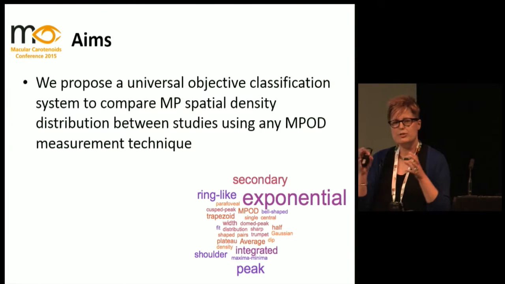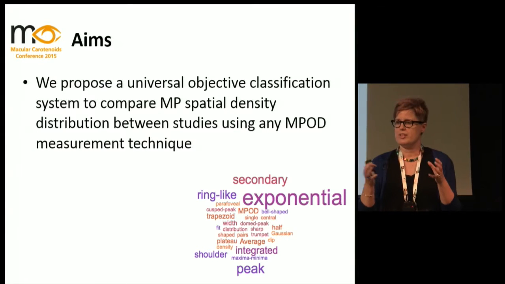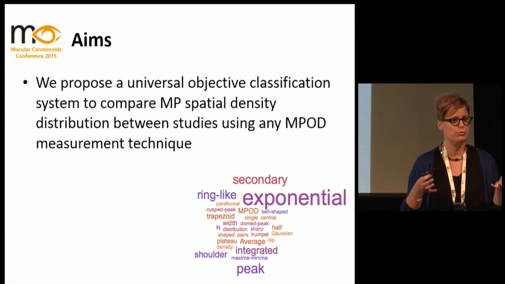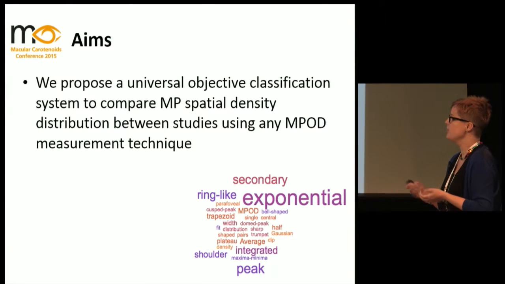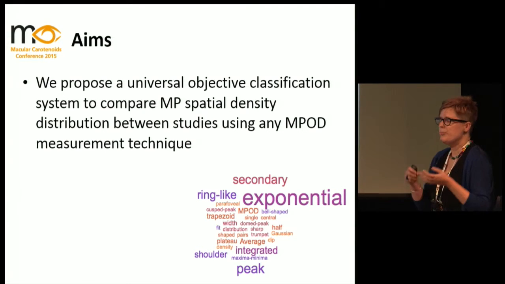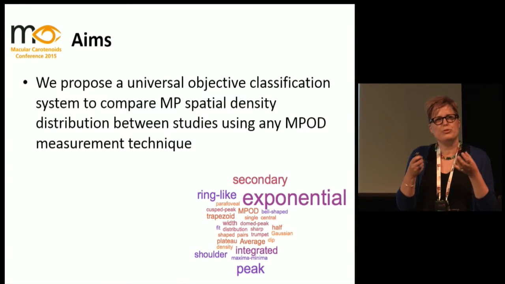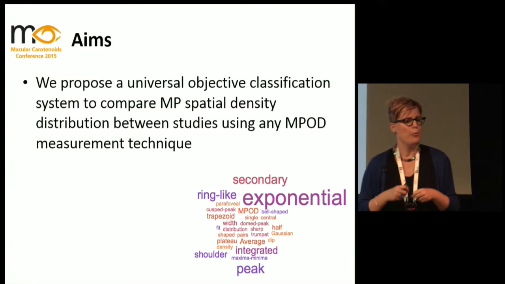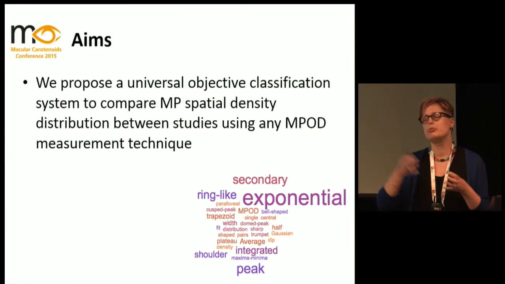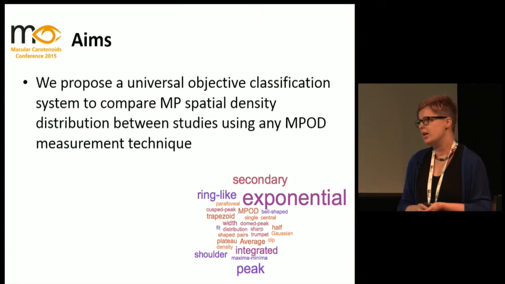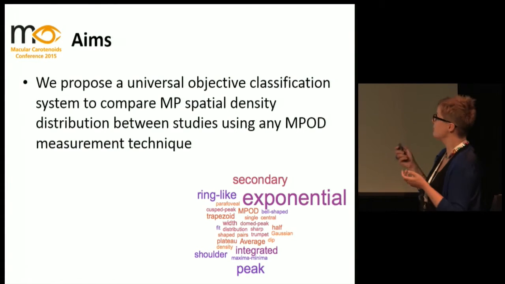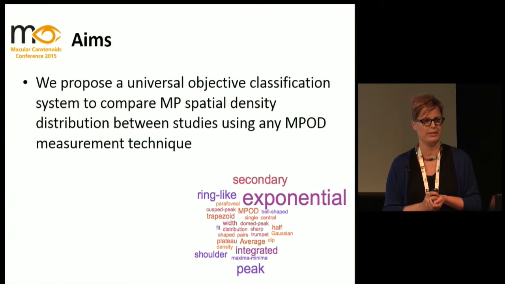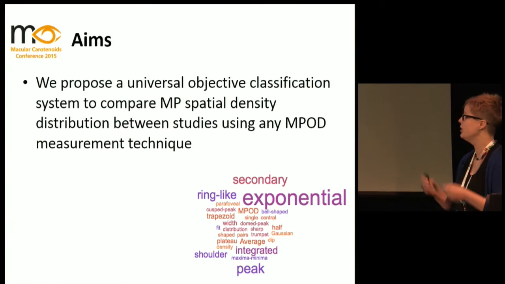So today I would like to summarize the options that we have to report the spatial density distribution of macular pigment, and preferably come to some sort of agreement, hopefully during this conference, on how to report this in our future studies. I really would like to do that because at the moment there doesn't seem to be any consensus at all as to how we report our macular pigment spatial profiles or the distribution of it.